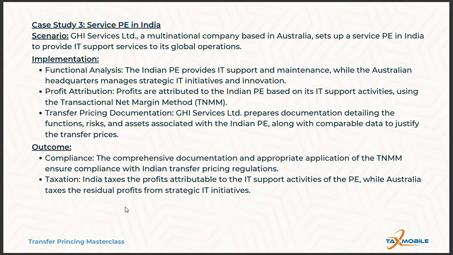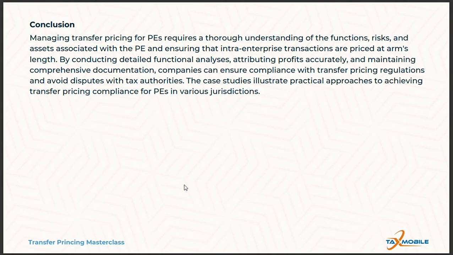Now, the outcome, as usual, is that the comprehensive documentation and the appropriate application of the TNMM method ensure compliance with Indian transfer pricing regulations. And with respect to taxation, India taxes the profit attributable to the IT support services of the permanent establishment, while Australia taxes the residual profit from strategic IT activities. So that is the outcome of that.